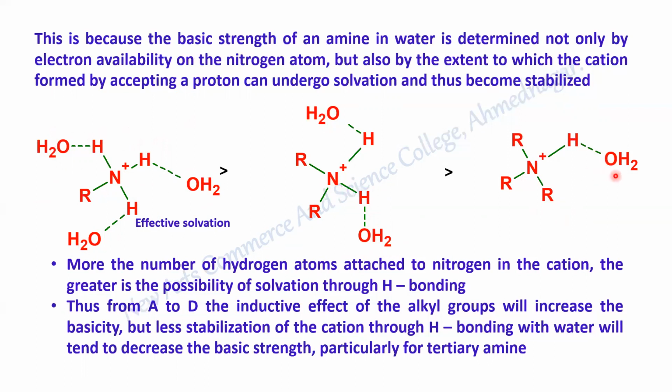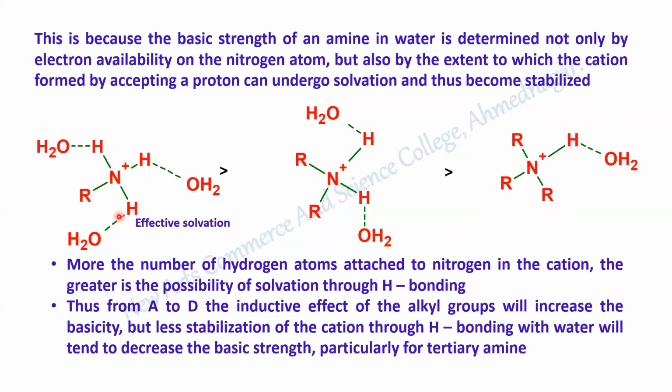As the number of solvent molecules decreases, automatically the solvation effect also decreases. As the solvation decreases, this cation is less stable as compared to that cation. Effective solvation means this cation is highly stable, which gives extra stability.